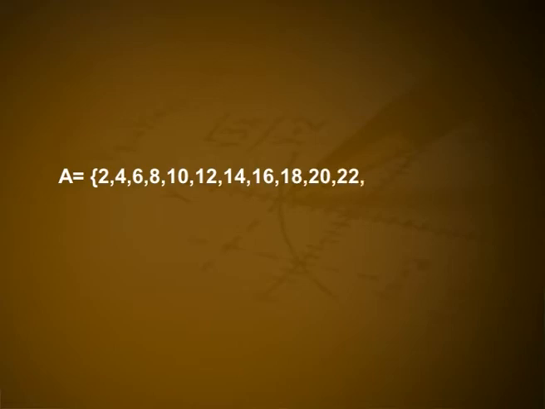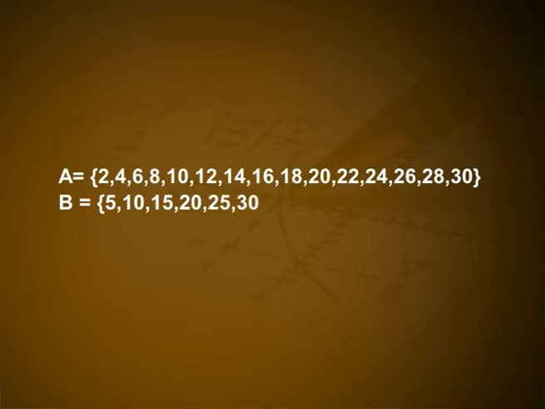A equals set of elements 2, 4, 6, 8, 10, 12, 14, 16, 18, 20, 22, 24, 26, 28, 30. B equals set of elements 5, 10, 15, 20, 25, 30. And A intersection B equals set of elements 10, 20, 30.